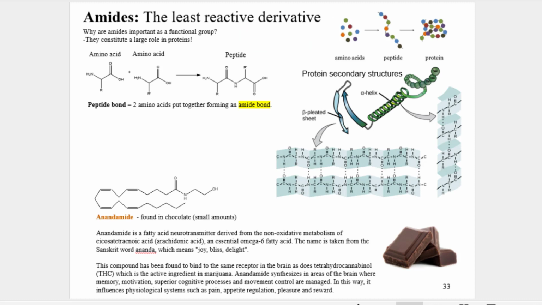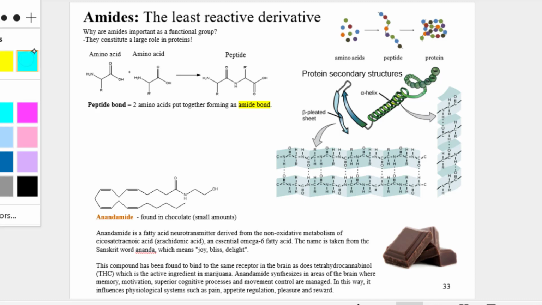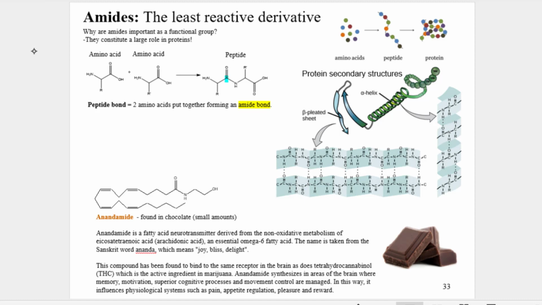The amide is the last carbonyl derivative of carboxylic acids that we're going to discuss in this chapter. And as mentioned in the reactivity sequence, amides are the least reactive derivative of carboxylic acids. So from a carbonyl perspective, the carbon of the carbonyl is not very reactive.